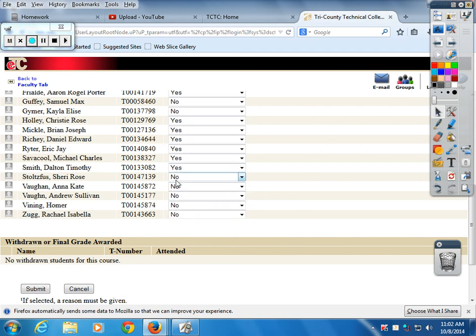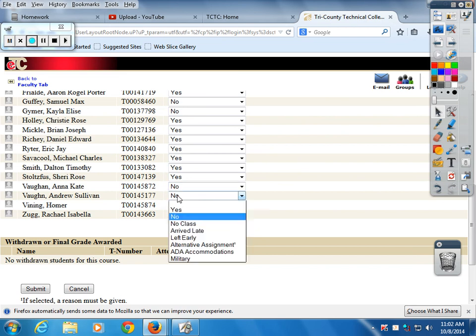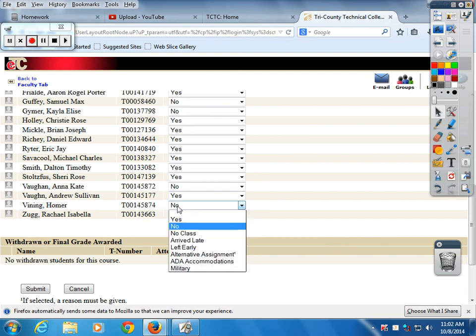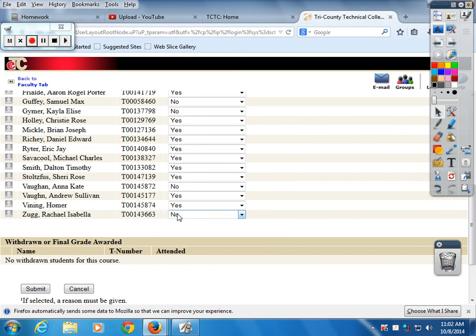Stolfus. Where is she? I saw her. Will you stop it? She keeps switching. Both bones. I only see one today. Andrew's here. Vining. Here. Okay. And Zug is here. All right.